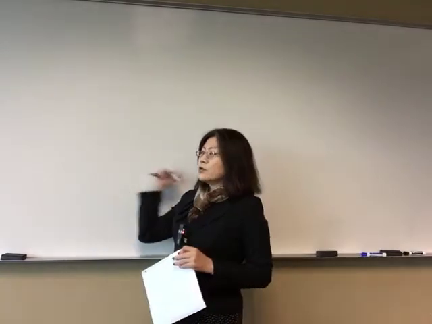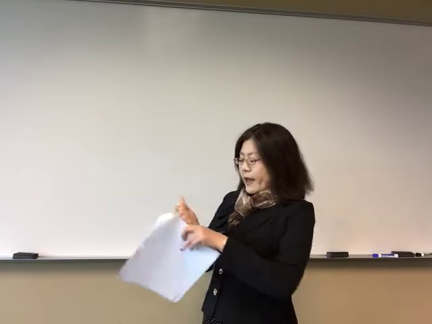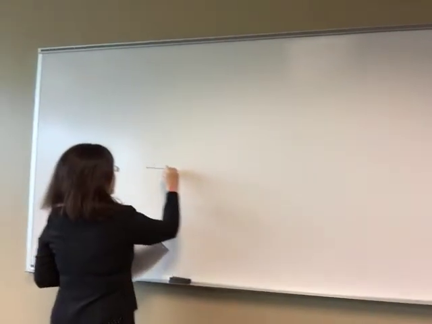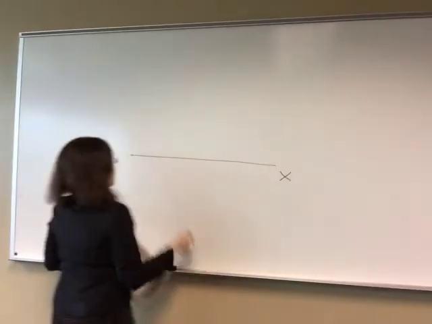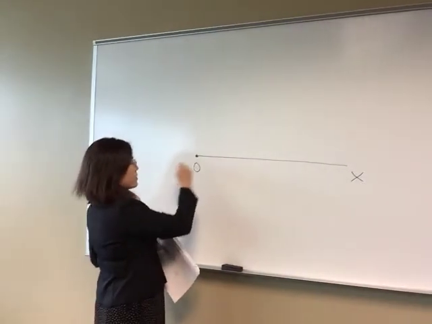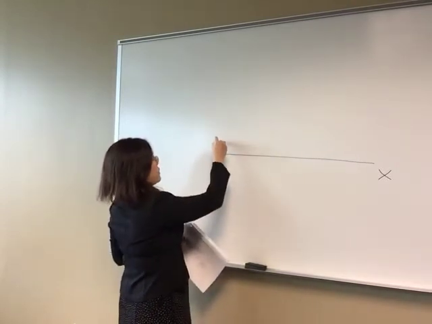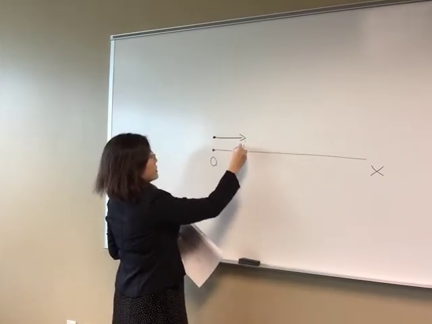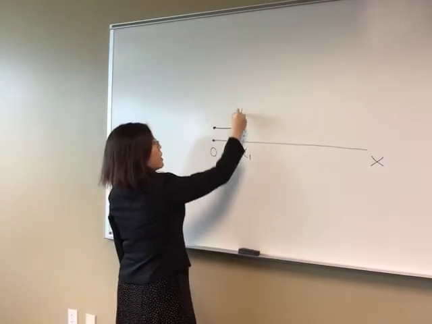So what is a motion? Let's say you have a particle or an object that's moving somewhere. We need to define the position vector. Let's define this as your x-axis, and you can define your reference point. This is your 0, your reference point. An object initially moves from the origin and then at some point stops at x1, at time t1.